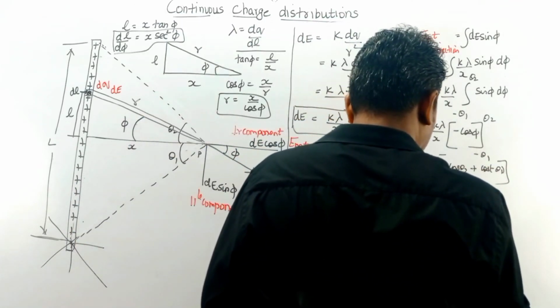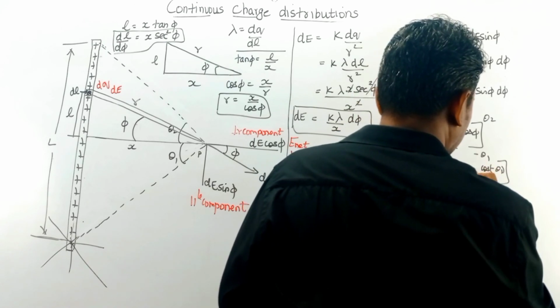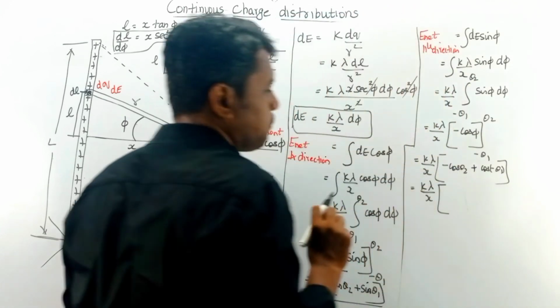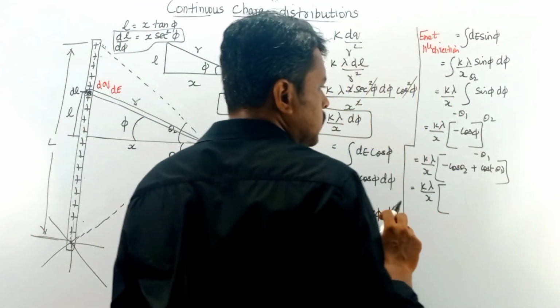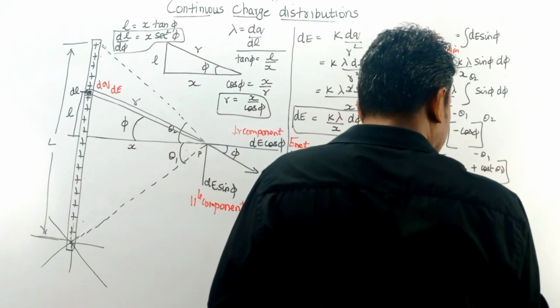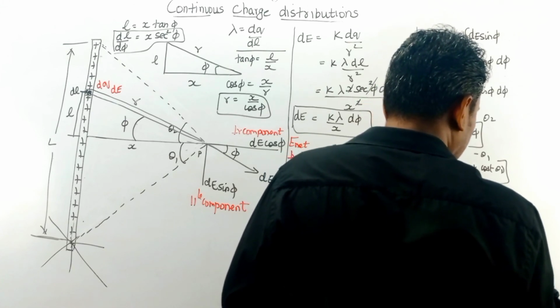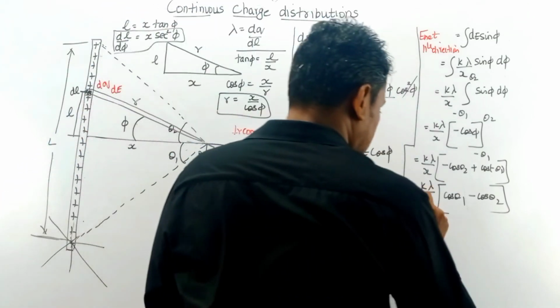Sorry, this is minus. Minus becomes plus. So here we can write it as k lambda by x times cos theta 1 minus cos theta 2.